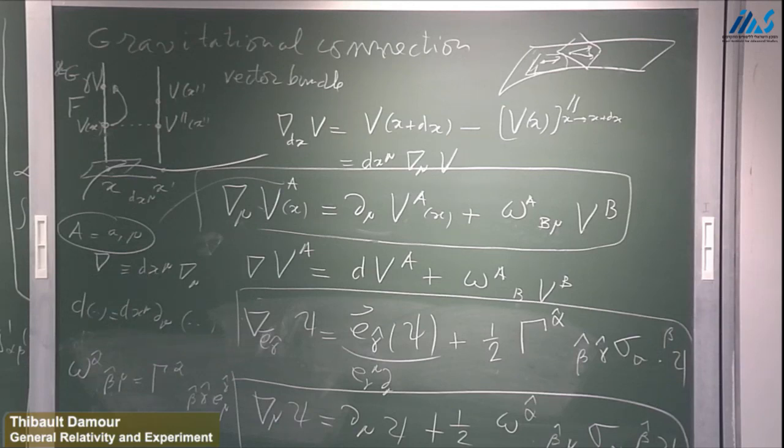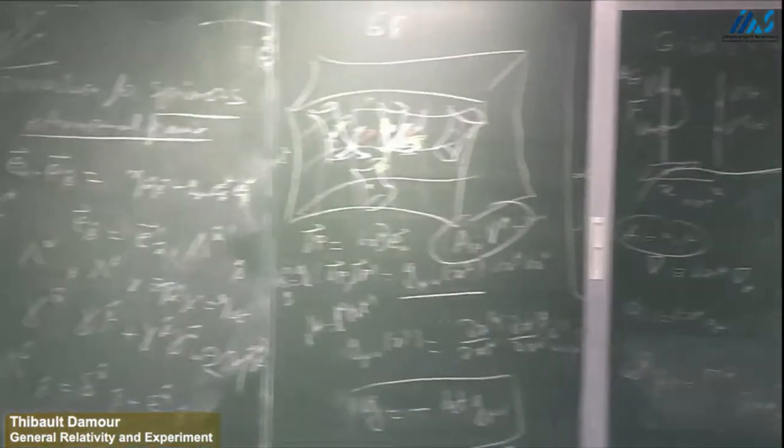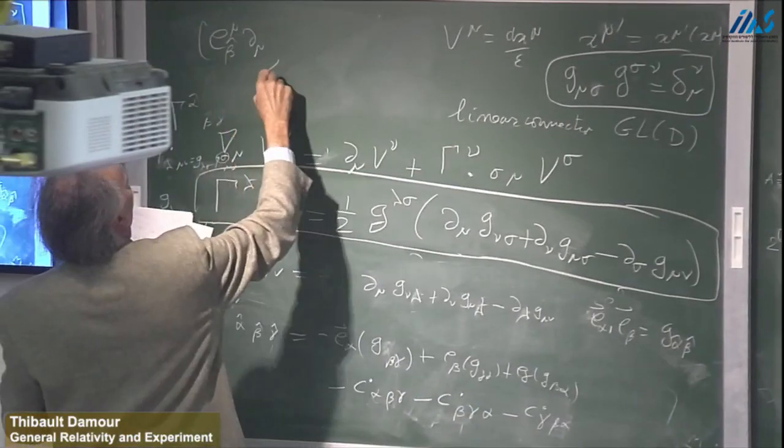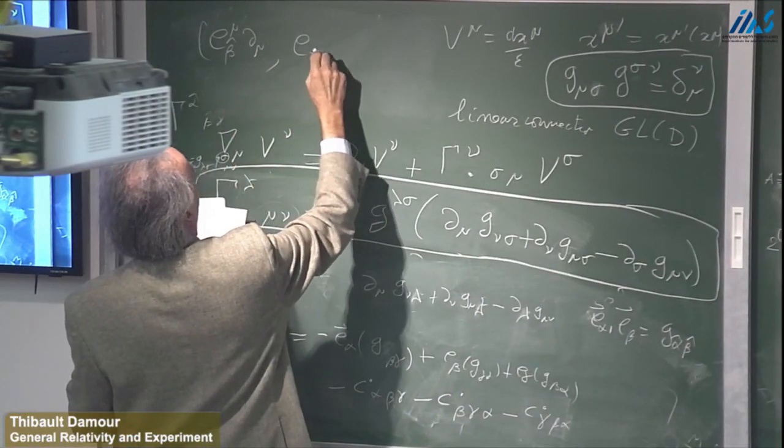Given a frame E, a frame means a vector operation of this type. I can take 2 directional derivatives in the direction beta and gamma.